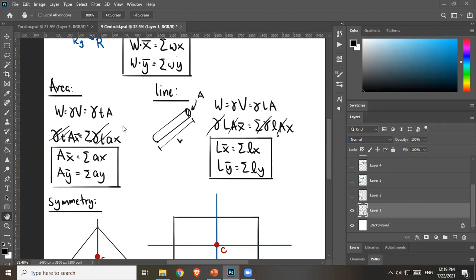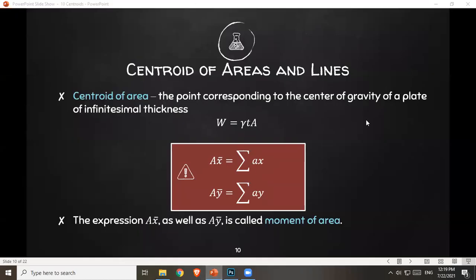Unit weight and thickness cancel out, and you'll get the equation A x bar is summation of ax. So same thing for y. Okay. That's your equation. Now the expression A x bar as well as A y bar is called moment of area. So area multiplied by distance from a reference axis.